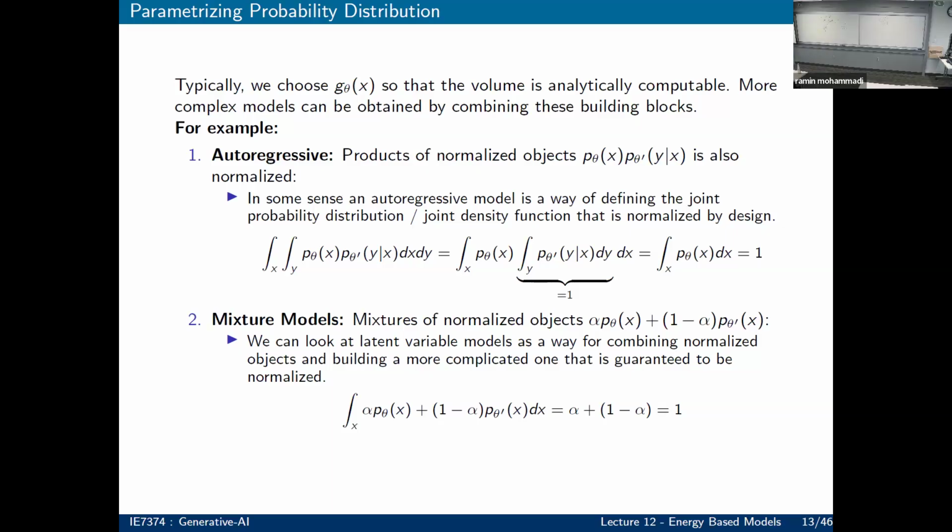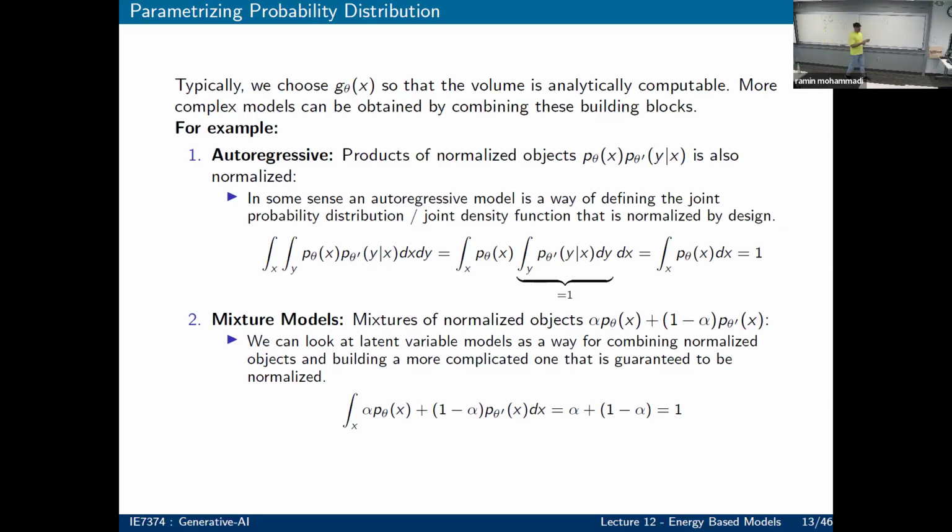The challenge with them was that you need to know lots of conditionals, and it's also sequential, which makes it slow. But if you have those conditionals, it guarantees that you will learn the actual probability density function. Then the next thing is mixture models. This is like a mixture model: if you have two models, one parameterized by theta and one by theta prime, you can mix those two and ensure that you have a valid distribution.